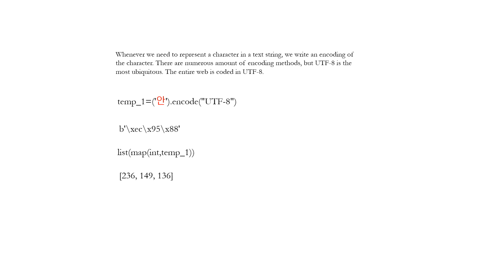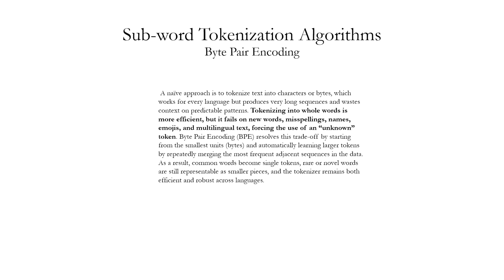Let's go into an example of a subword tokenization algorithm called byte pair encoding. A naive approach is to tokenize text into characters or bytes, which works for every language, but produces very long sequences and wastes context on predictable patterns.